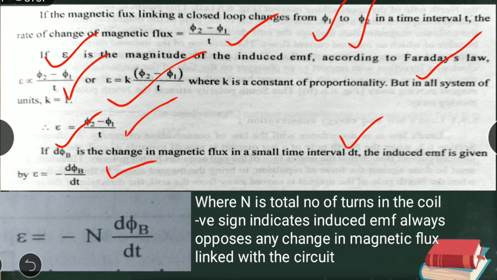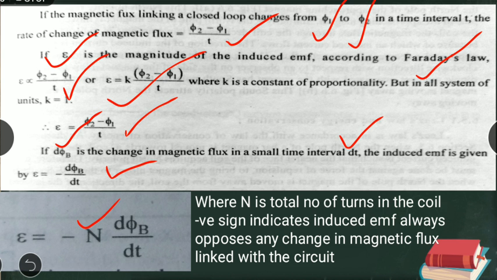Here in the formula, N indicates the total number of turns in the coil. And the negative sign indicates that the induced EMF which has been generated always opposes the change in the magnetic flux linked with the circuit.